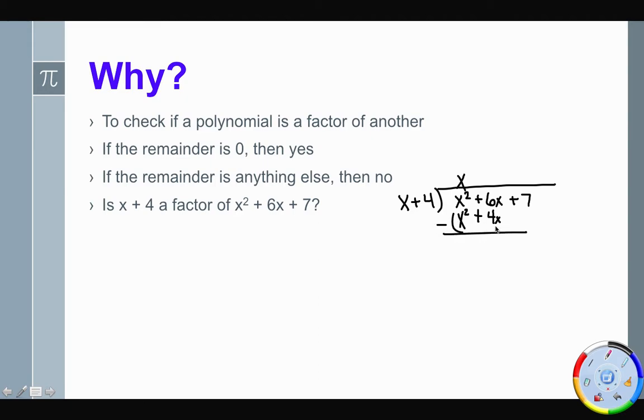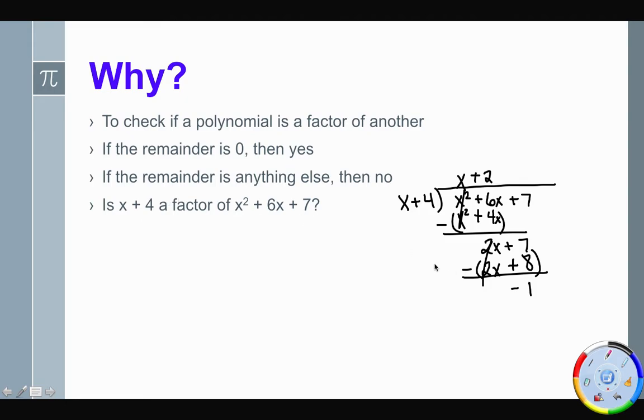Going to subtract. X squared minus x squared is 0. 6x minus 4x is 2x plus 7. And how many times does x go into 2x? It goes in there twice. X times 2 is 2x, and x times 4 is 8. Subtract. We get 0 there, and 7 minus 8 is negative 1.